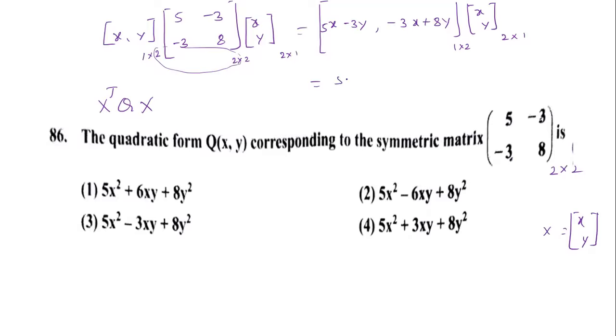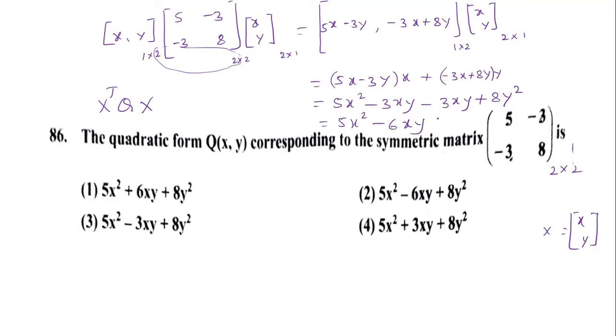That means (5x minus 3y) into x plus (minus 3x plus 8y) into y. Solve this: 5x square minus 3xy minus 3xy plus 8y square, that means 5x square minus 6xy plus 8y square. Option 2 is the right answer for this question.